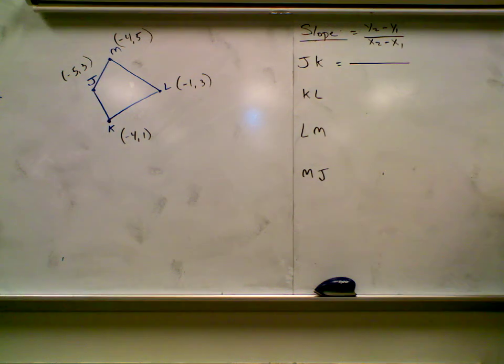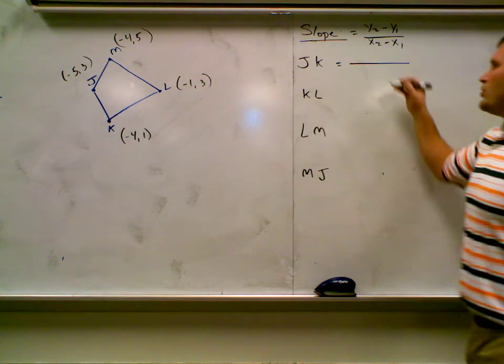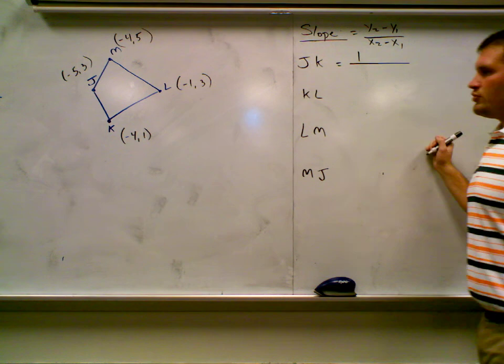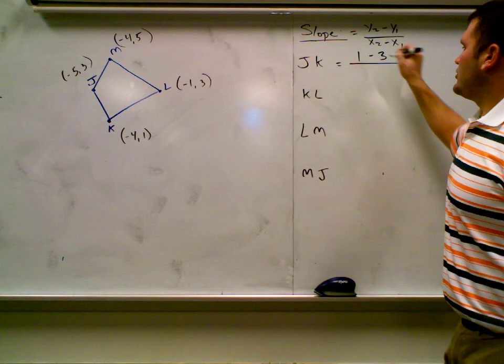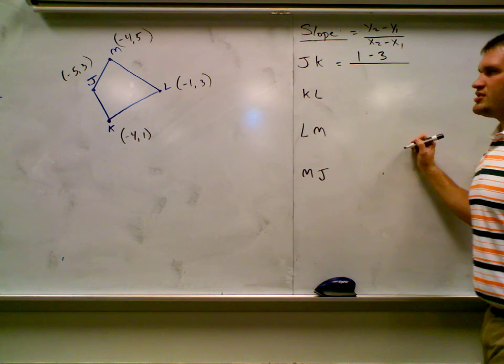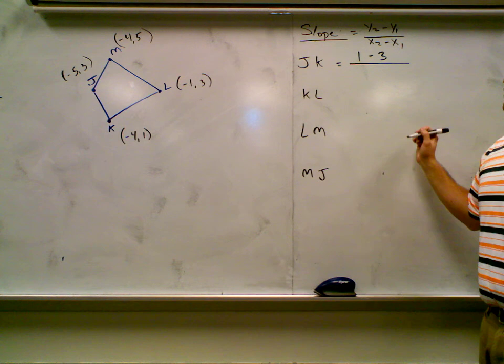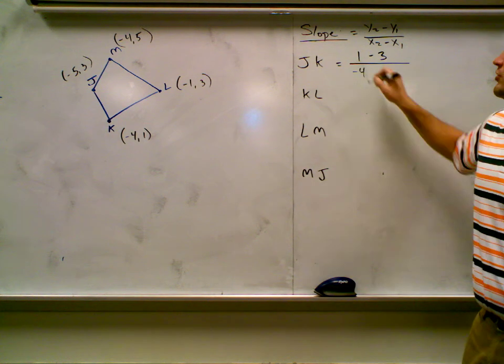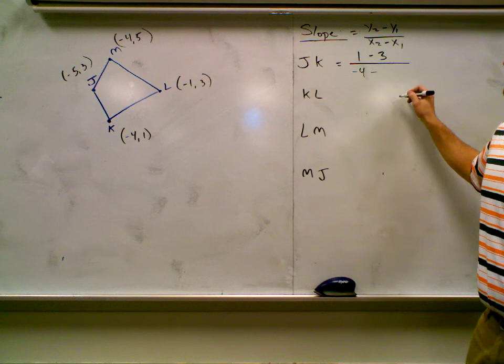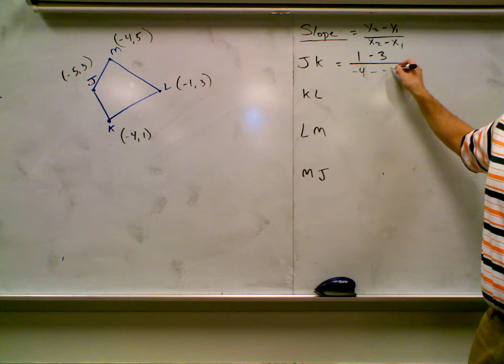So K is point 2. What's the y value of K? 1. What's the y value of J? 3. What's the x value of K? -4. What's the x value of J? -5.